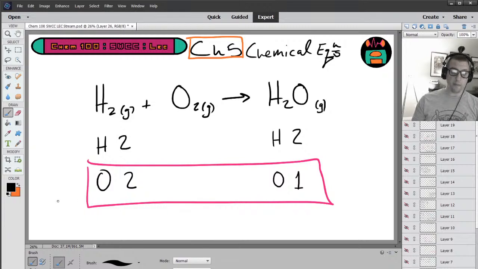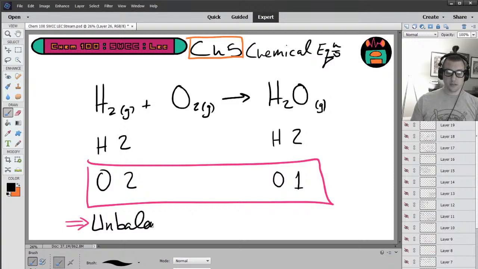It can't just disappear. There's a name for this type of chemical equation, and we say that this is an unbalanced chemical equation.